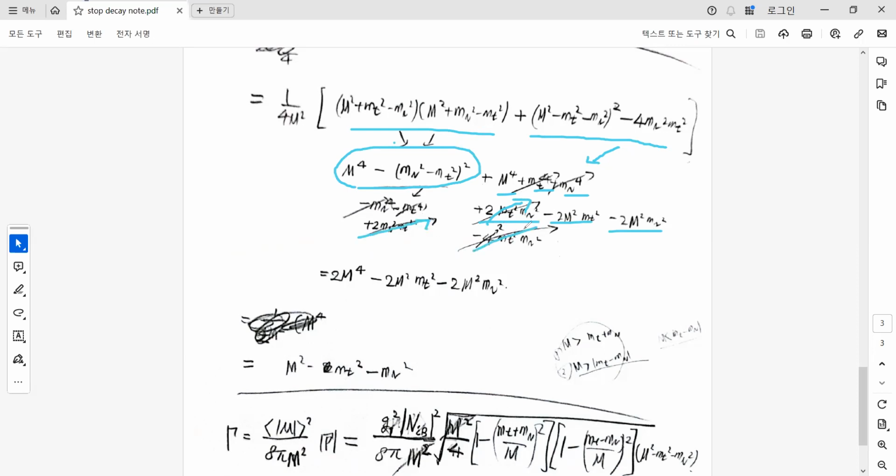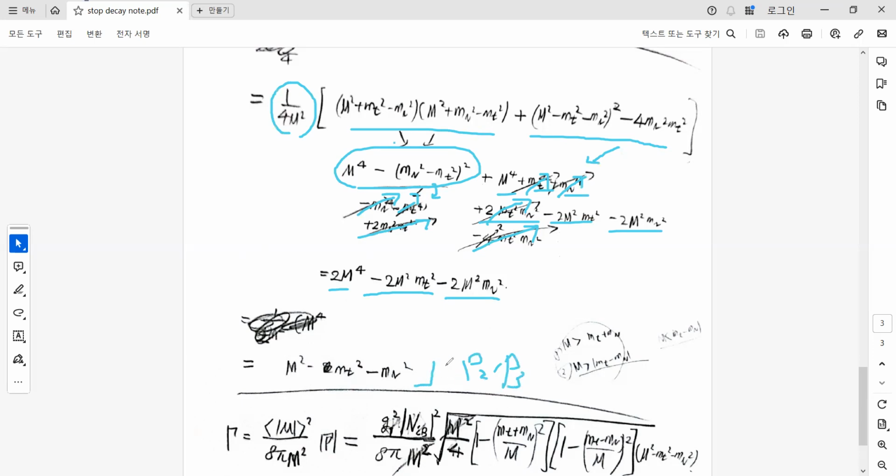There are plus 2 plus the minus 4, and also the M_T powers and M_N powers disappear from this term. So the only remaining terms are 2M to the fourth, minus 2M squared M_T squared and minus 2M squared M_N squared. So the capital M squared is the common term, and thus there are 2 factors, so these factors disappear. So the result is given by M squared minus M_T squared minus M_N squared for the P2 dot P3.